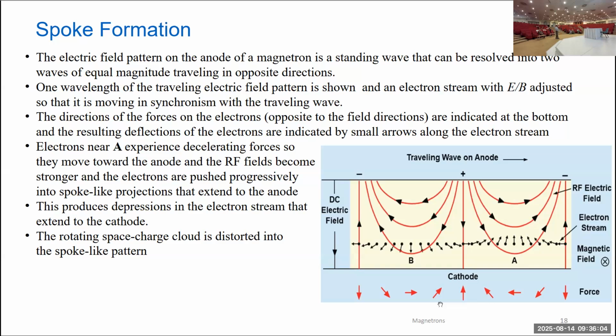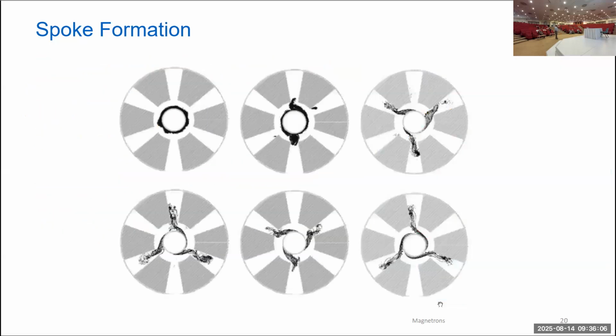Before further discussion, I want to show what a spoke is. Initially, electrons are revolving here, then they interact with the RF field, and their shape is like this. This particular shape is called a spoke.